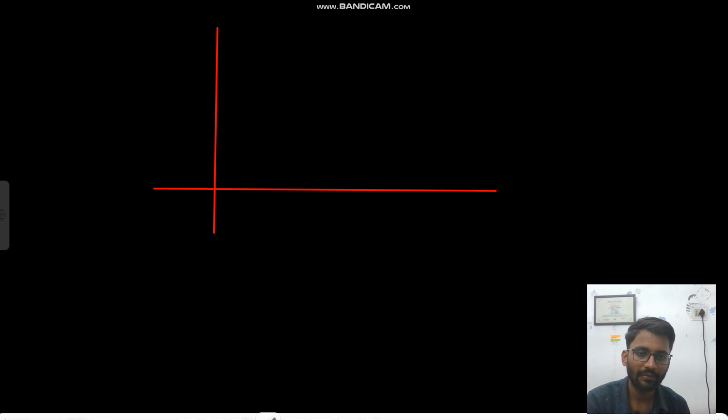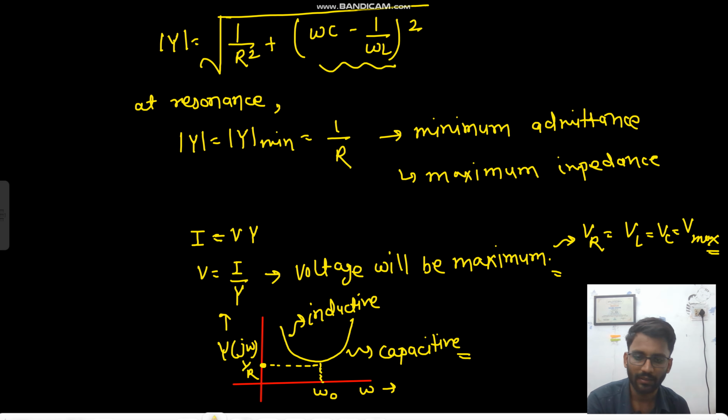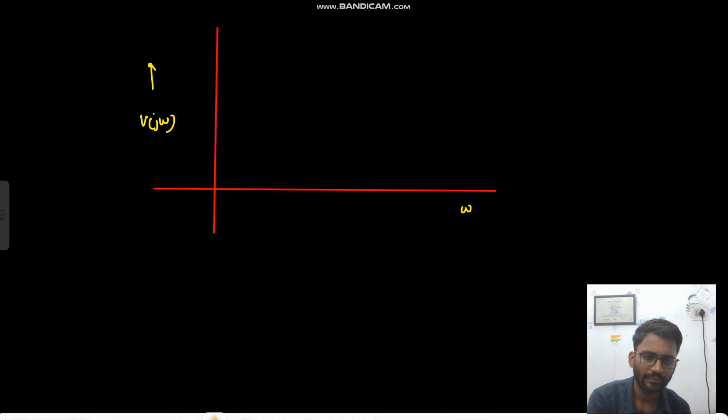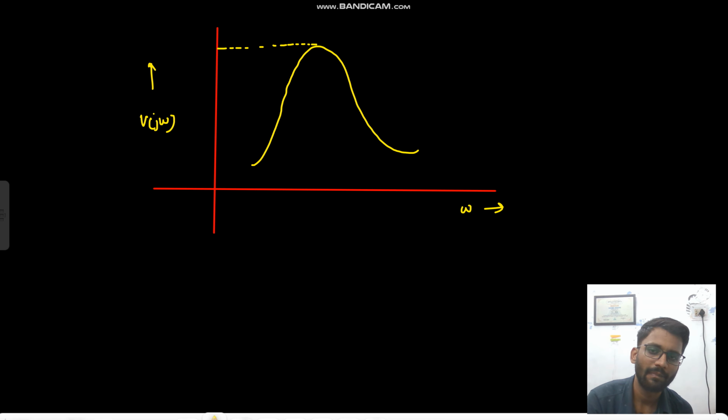And drawing the curve of voltage. This is omega equals to omega resonance.